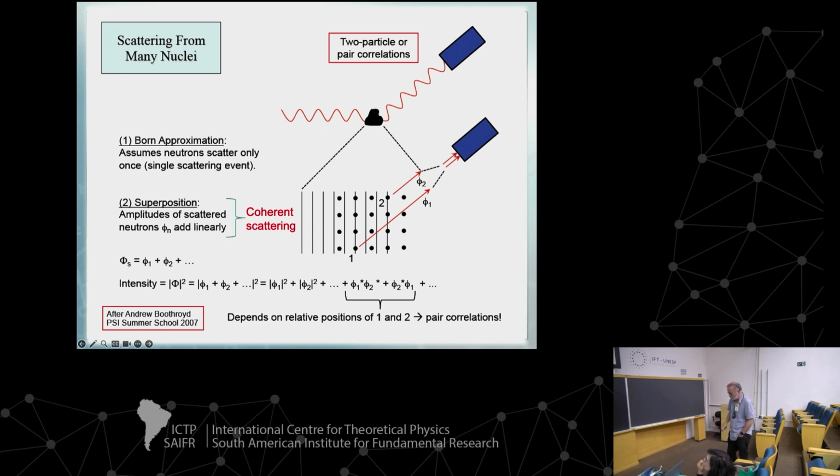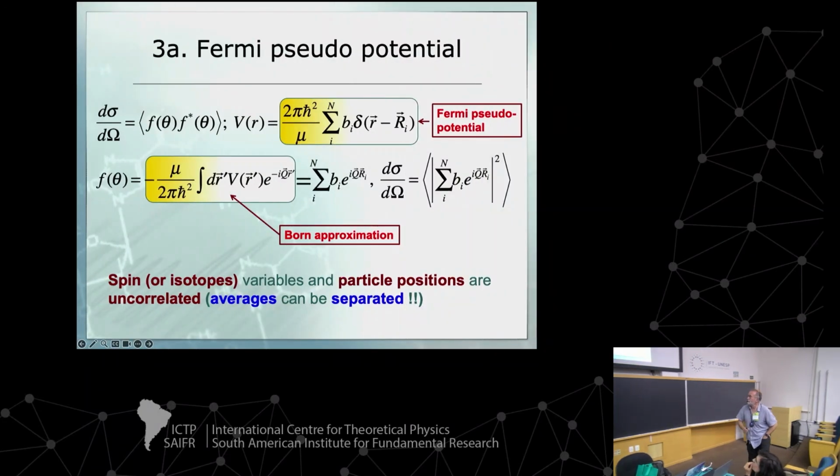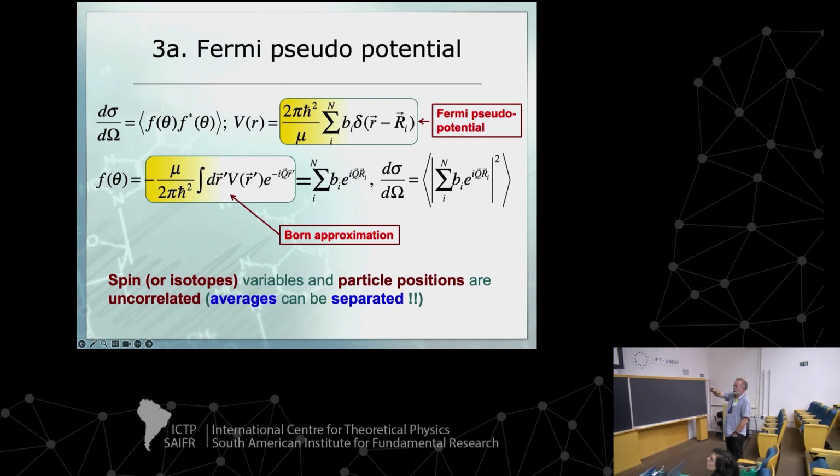Remember that when you have incoherent scattering, all these terms are missing. You only have the first square of the wave functions. Okay. So the differential scattering cross-section is just that average. And when you think of that average, V of R is that term. You put it there. And you see that the F theta is just the summation of Bj.